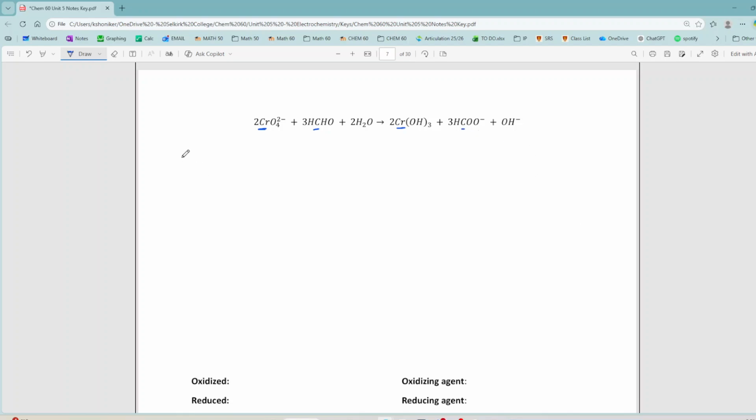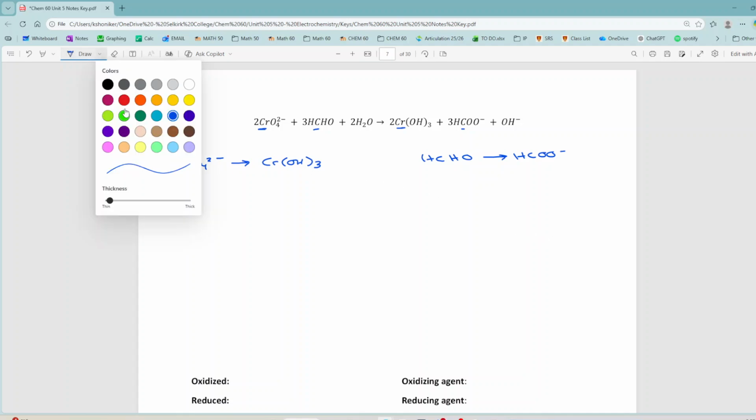So one of my half reactions is the CrO4 2- going to the Cr(OH)3, and then I'm going to guess the HCHO is going to go to the HCOO-. And again, I pretty much know to ignore oxygen and hydrogen because there is no free hydrogen and no free oxygen in the reaction.